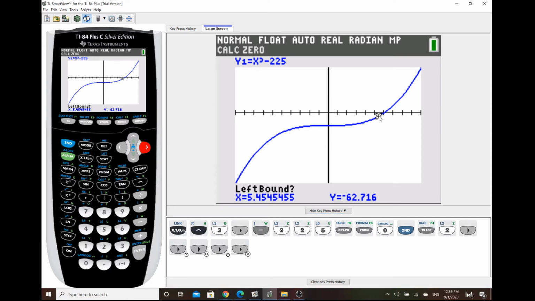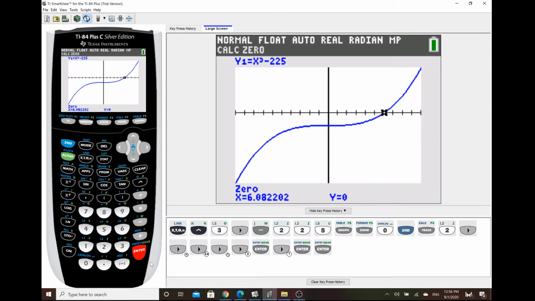So move the blinking point a little bit over to the x-axis and press enter. Now the calculator is asking about the right bound. The right bound should be right above the x-axis. Then you press enter, and that's what we have for the x-intercept.